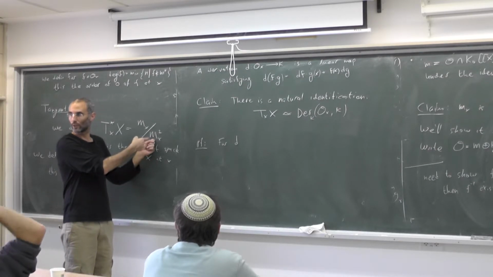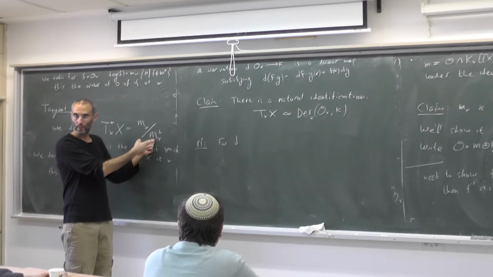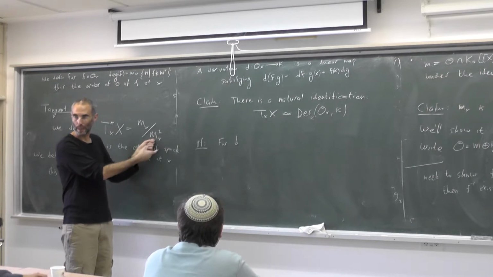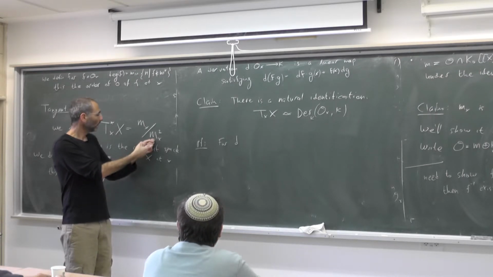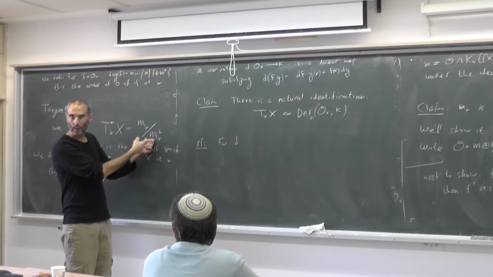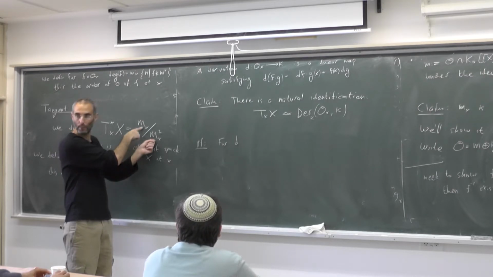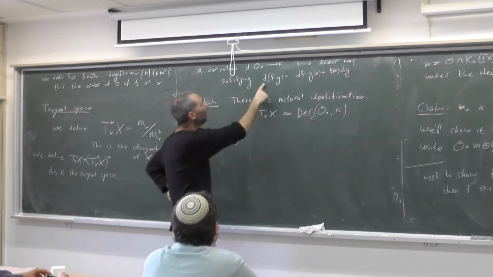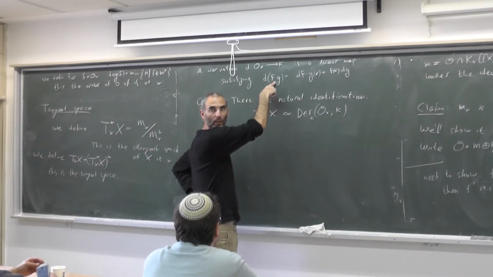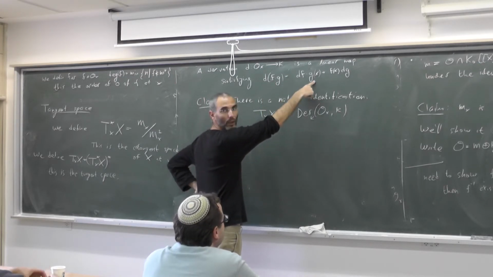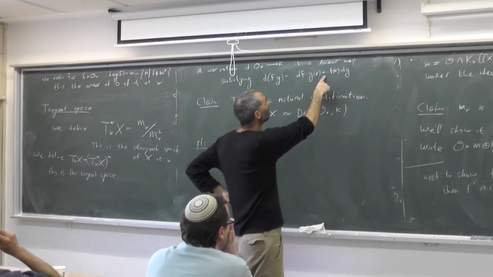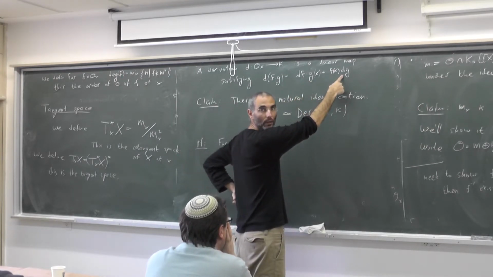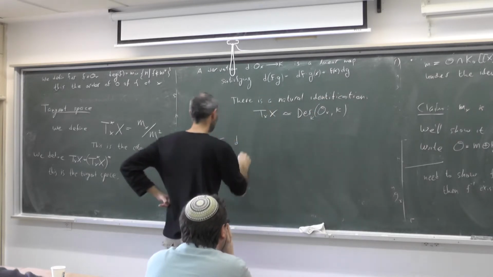The elements of m squared are not necessarily products of elements in m; they are generally spanned by products of elements in m. But D is k-linear, so it's enough to check on this generating set. If I have a product F and G, both in m, then D of F times G, a typical generator of m squared, will be whatever that is times 0 because G is in m, plus 0 times whatever.